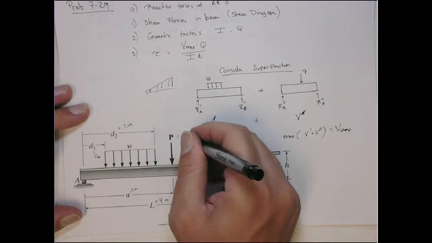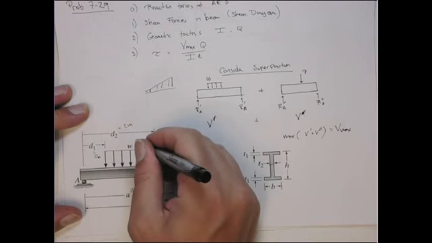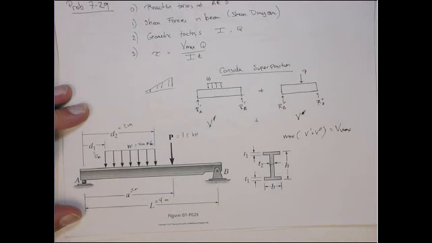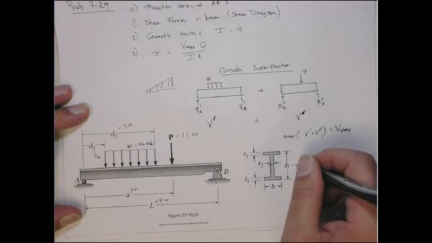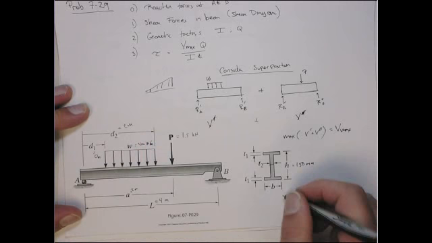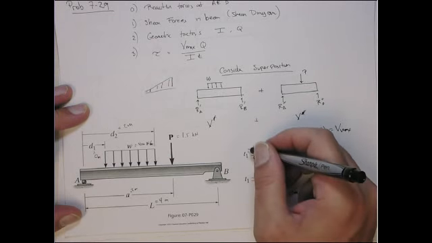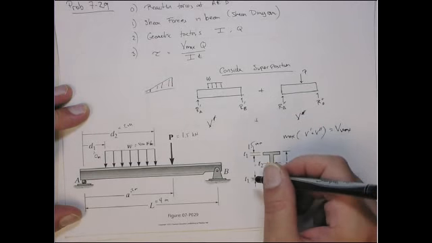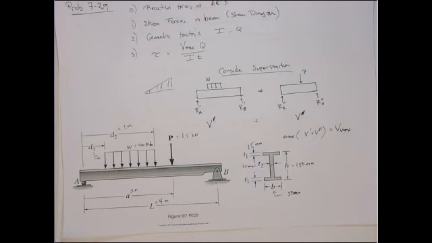P is going to equal 1.5 kilonewtons. W is 400 newtons per meter. And just the thicknesses: H is 150 millimeters, B is 50 millimeters, T1 is 15 millimeters, and T2 is 20 millimeters. Okay? So those are the values we're going to use.